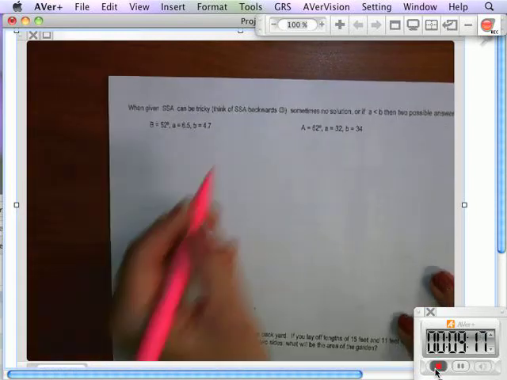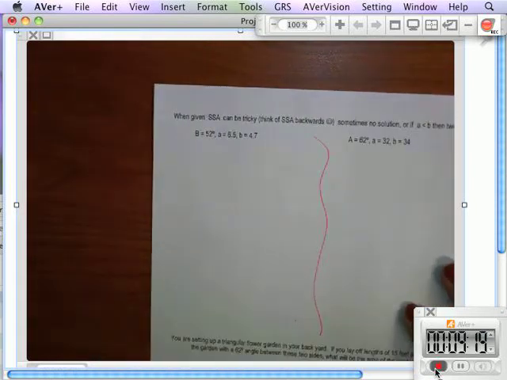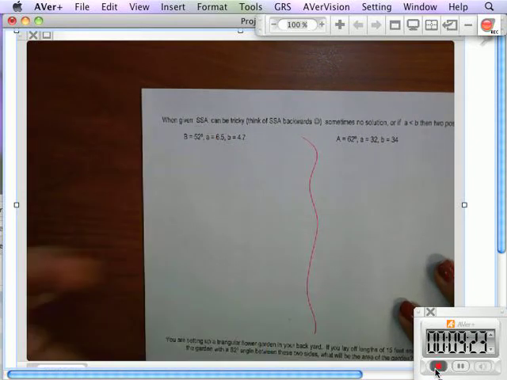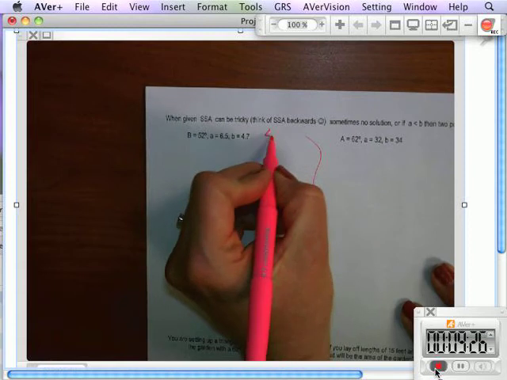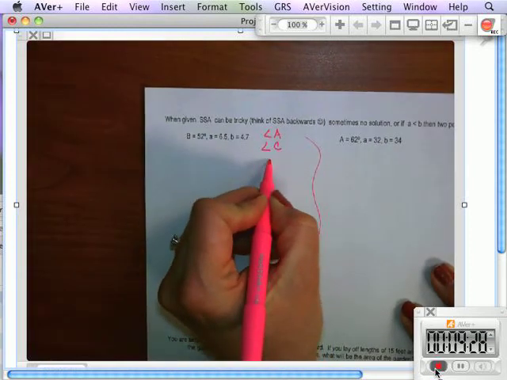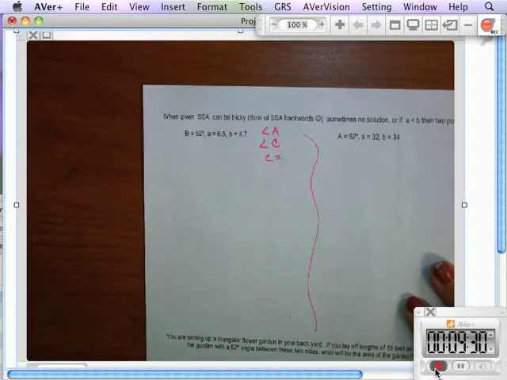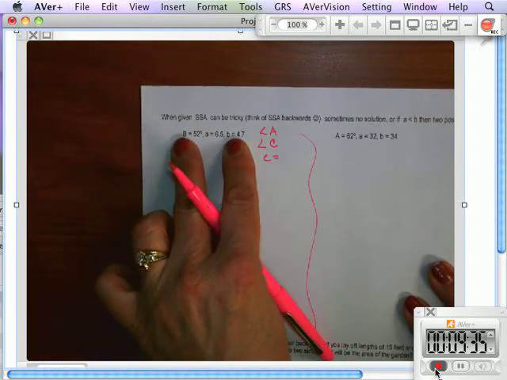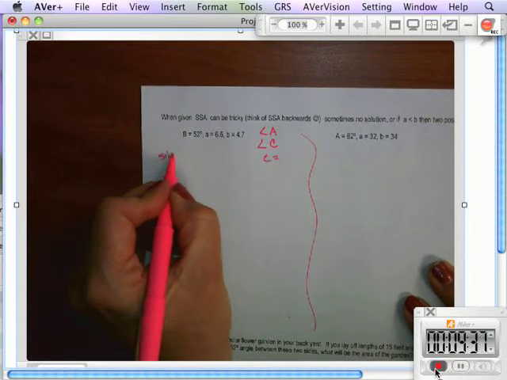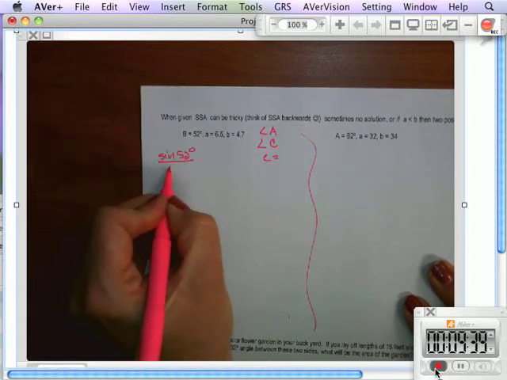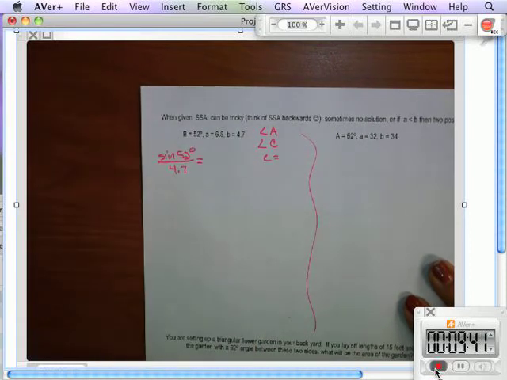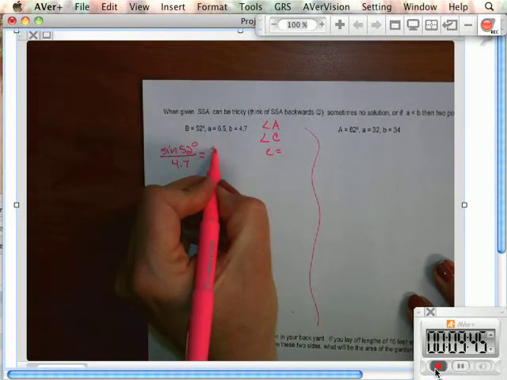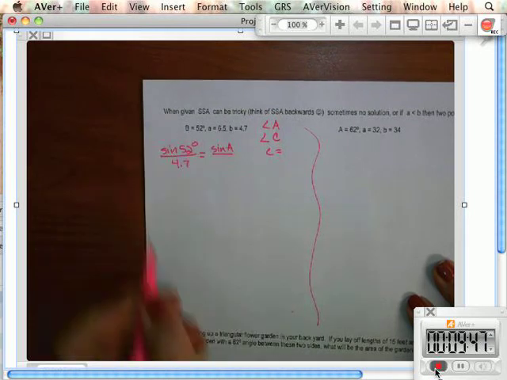So let's do this first one. Same process, but I'm keeping in mind that it's SSA. I may have a no solution. So I need angle A, I need angle C, and I need side C. I have the both B's, so I'm going to set up that ratio. Sine of 52 degrees over 4.7. I have side A, so I'm going to write the sine of A over 6.5.